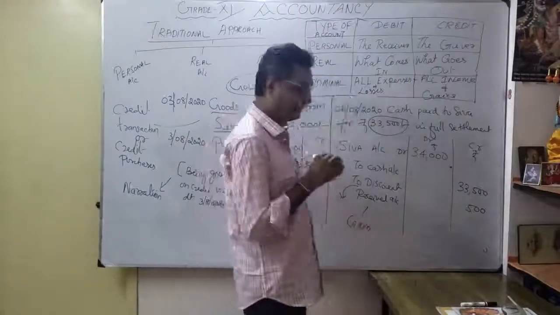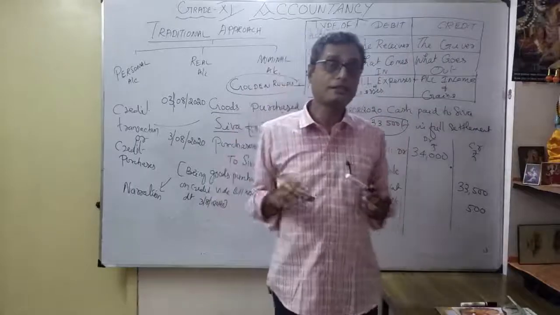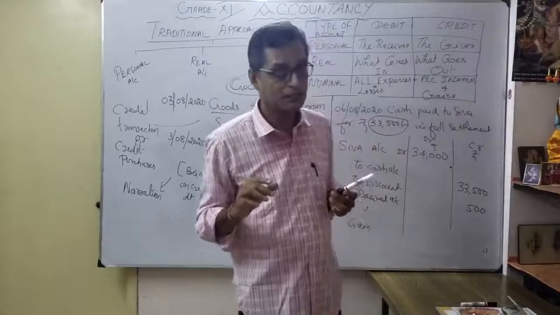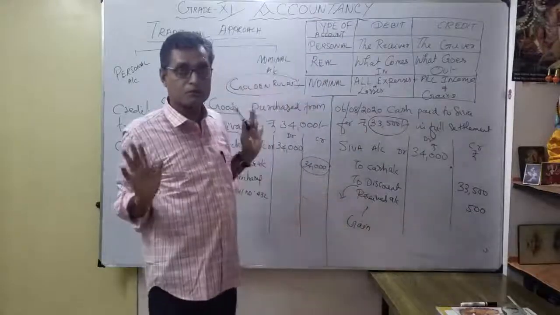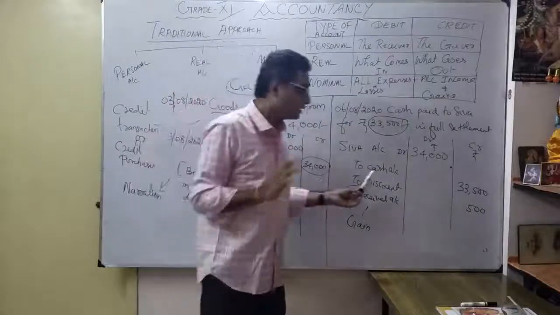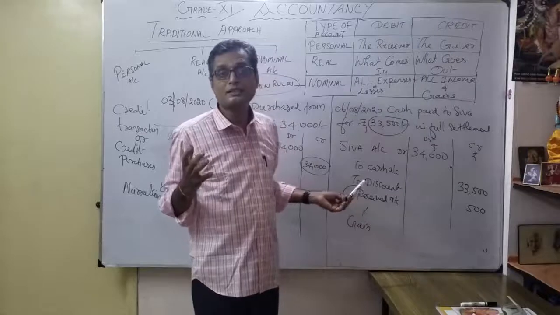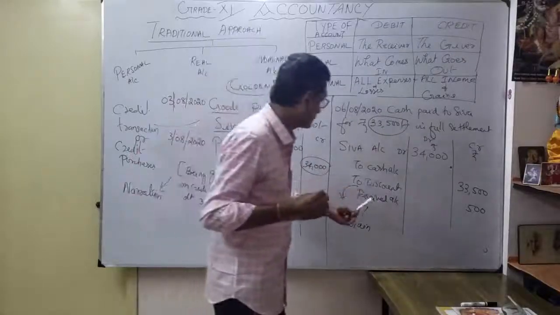Because we need not pay 500 rupees. Even though we bought for 34,000, we paid only 33,500. So that 500 is a gain for us. We do not have to pay that 500 because Shiva has allowed us a discount, the discount received account.